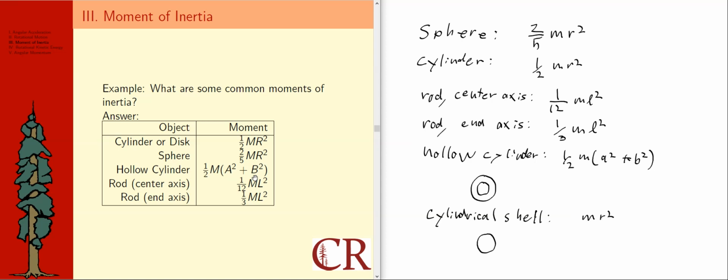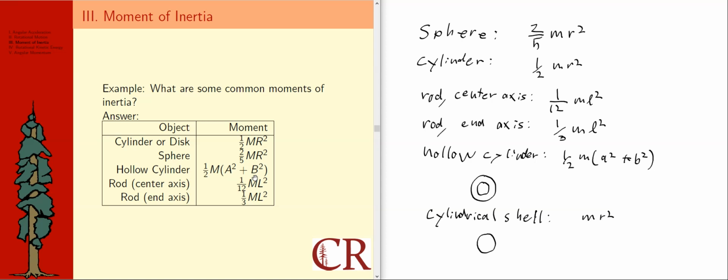The thing about a cylinder is if you look at the distribution of matter, more matter is at a larger radius or radial distance from the rotation axis than there is for a sphere, right? Because the sphere, the farther away you get from the rotation axis, kind of narrows, is one way of thinking about it. And so that's why the sphere should have a smaller number there. You could maybe say that's a geometric factor.